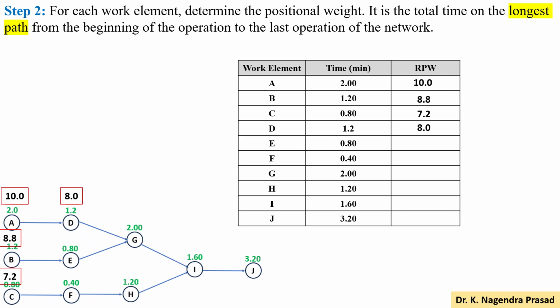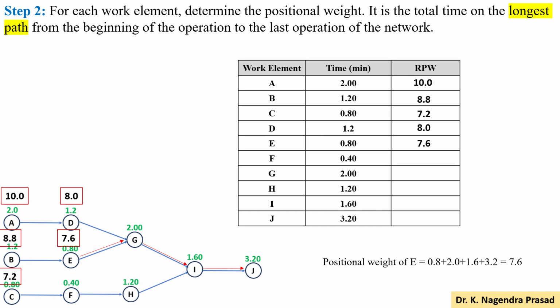So next element is the E. For the E, the longest path is EGIJ. So positional weight is the time duration on this path, that is 0.8 plus 2 plus 1.6 plus 3.2. It is 7.6. So RPW value for the work element E is 7.6.